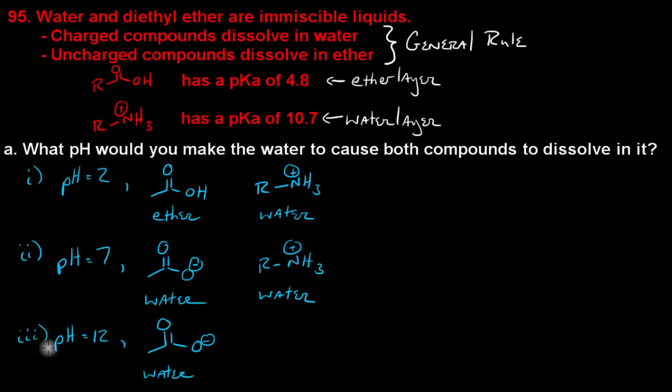And thinking about the pH versus the pKa of the ammonium, which has a pKa of 10.7, we finally made the solution basic enough to surpass the pKa of the ammonium. That means that the ammonium is actually going to lose an H+, and so we have to balance the equation.